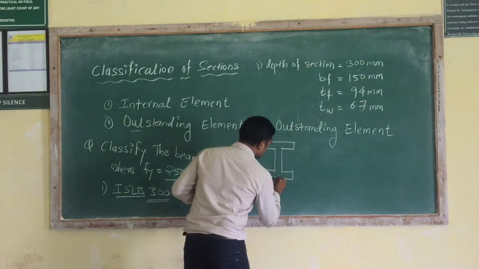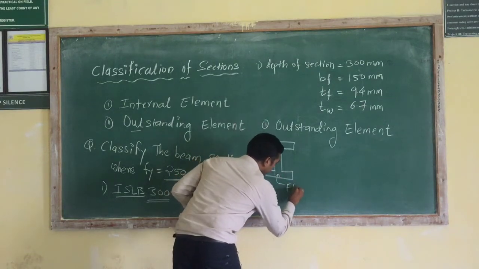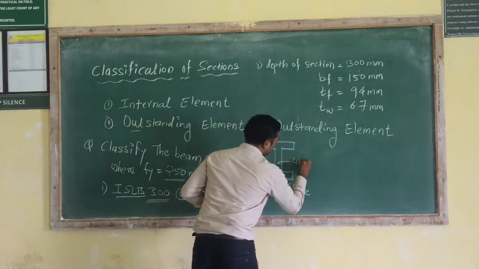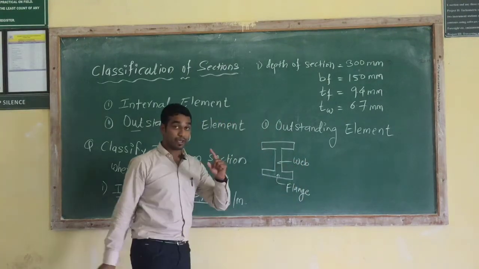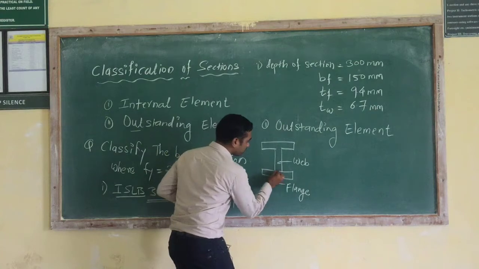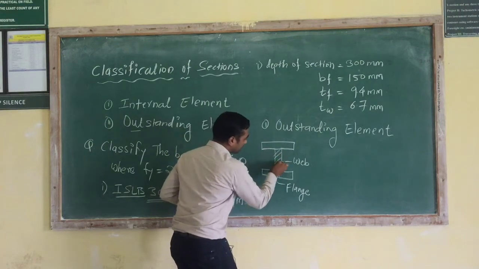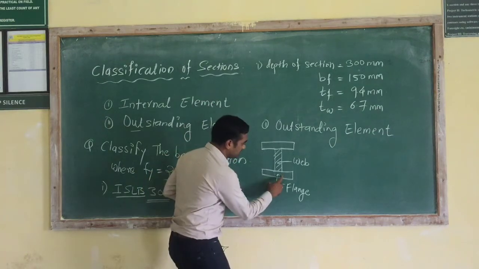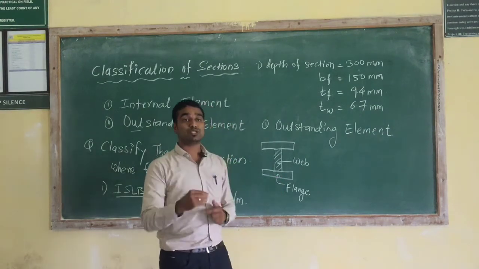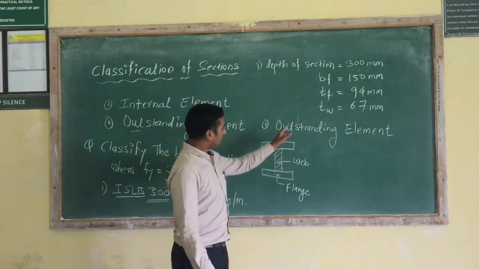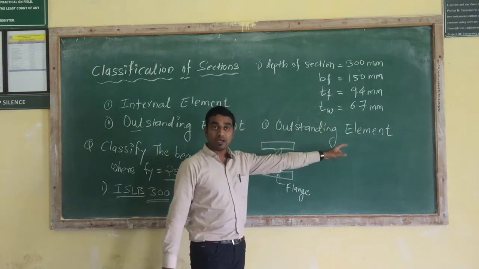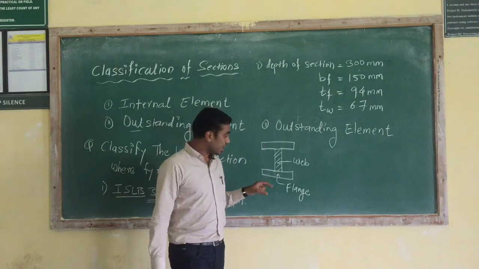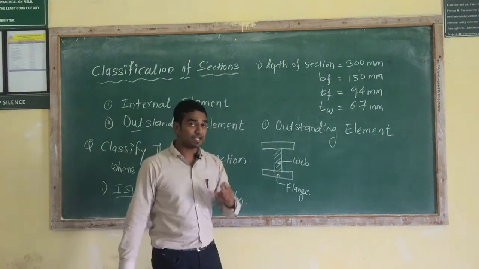This is the flange and this is the web. This element, the web, is the internal element and the flange is the outstanding element. So for the outstanding element, we have to use the properties of the flange only.